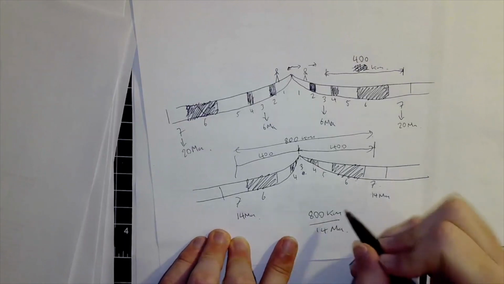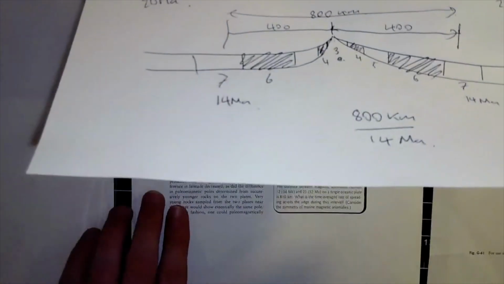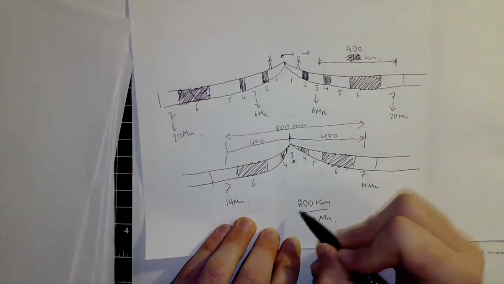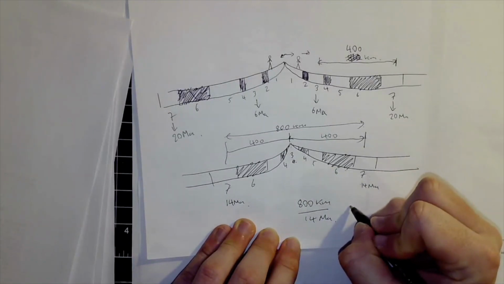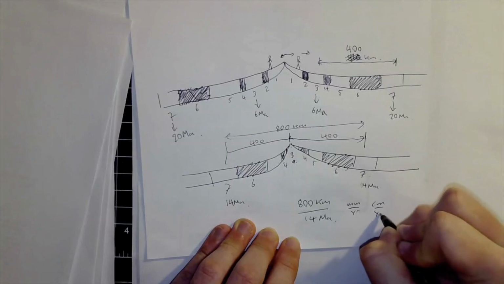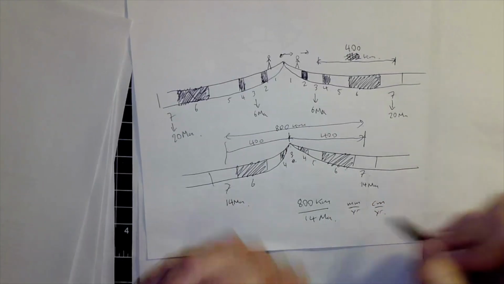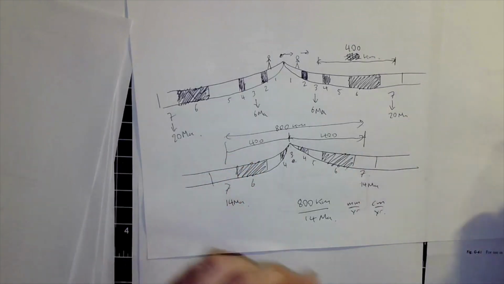If we convert that down to millimeters per year, I mean, you could report it in kilometers per million years. Just divide that value. A more common value might be millimeters per year or centimeters per year. But just divide that value and calculate it down, and that gives you the spreading rate for this ridge.